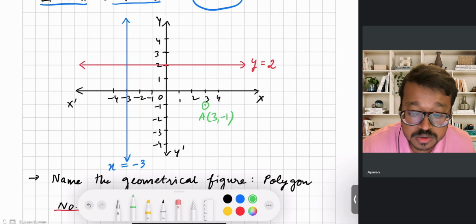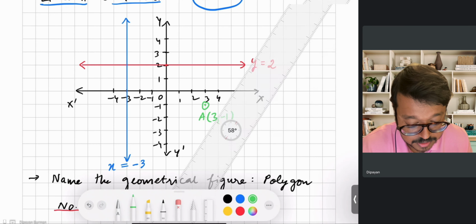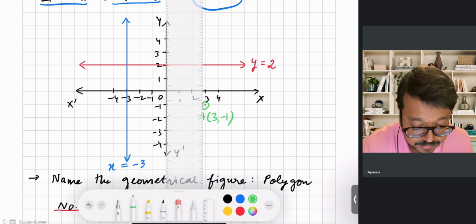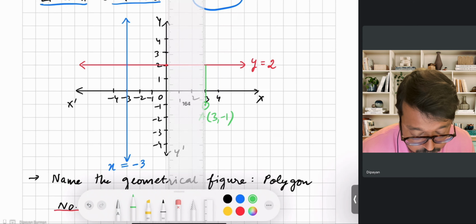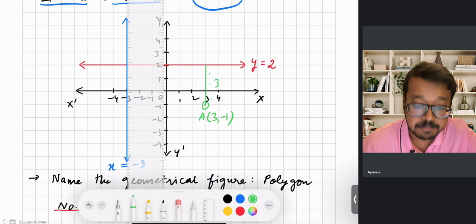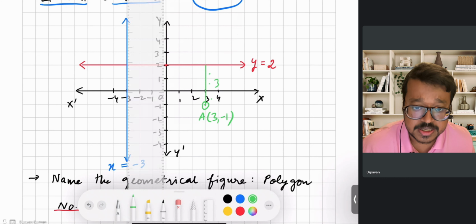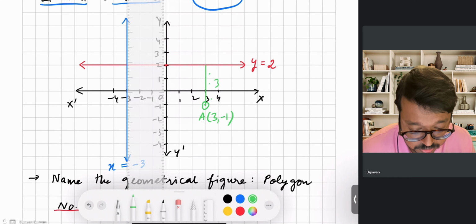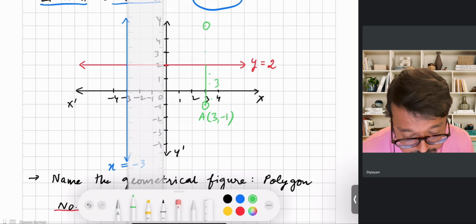Then I need to find out how far this point is from the line. If I count the boxes, it is 1, 2, 3. The point A is 3 units below this line y equals 2. So if I go 3 units above this line, 1, 2, 3, I will get this point.